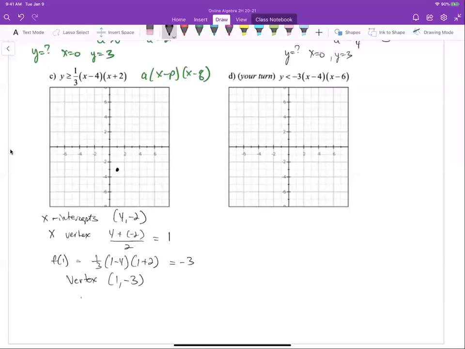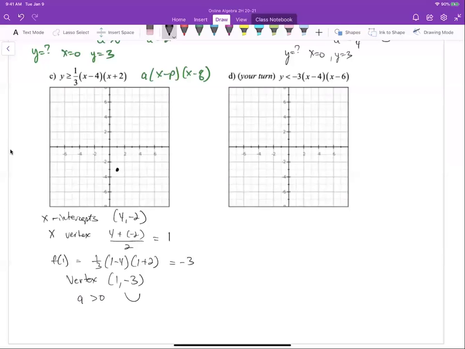Now let's evaluate A. A is greater than 0 because it's a third, so we know that our parabola is going to open upwards, okay? Now it has a vertical dilation of 1/3, so we could use that information to graph, but it is difficult because it's a fraction of 1/3, but we also have our x-intercepts. What are our x-intercepts?